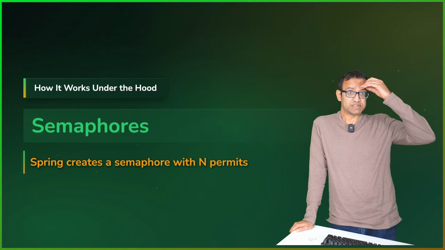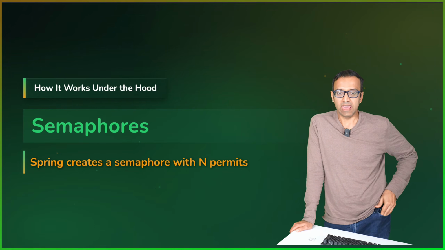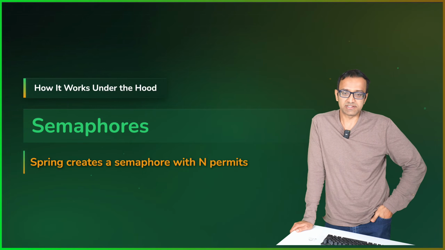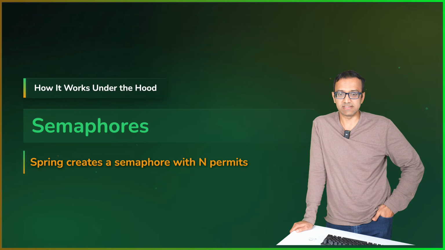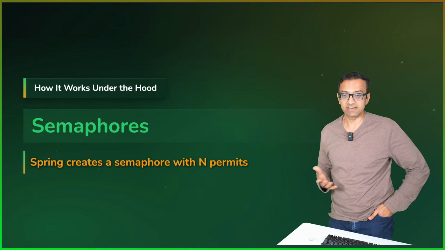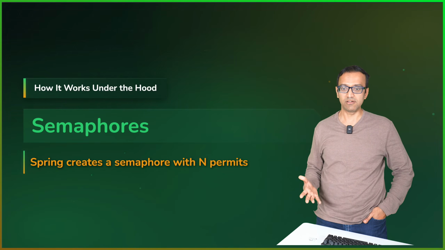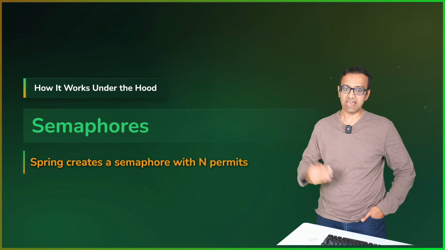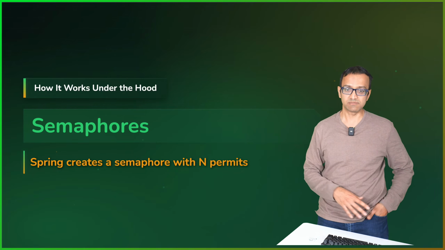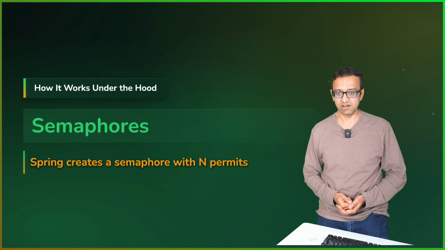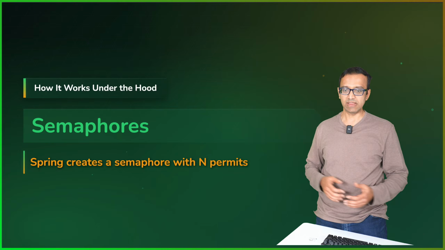Spring implements concurrency limiting using semaphores, because this is a multi-threaded operation. There are multiple services that could all be calling at the same time, there's no order, there are race conditions and all that. So Spring implements it in the background using semaphores. It creates n permits; with a concurrency limit of 10, it creates a semaphore with 10 permits.